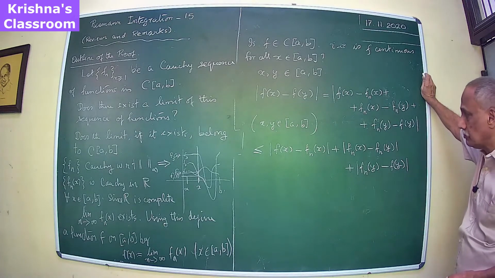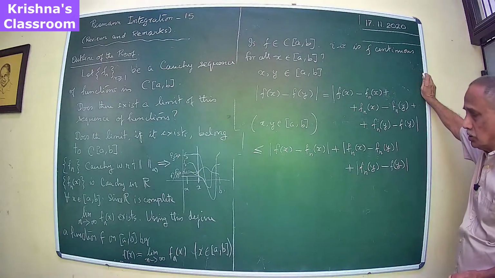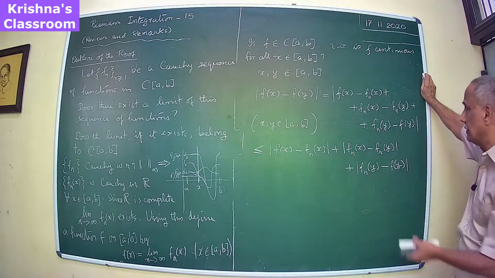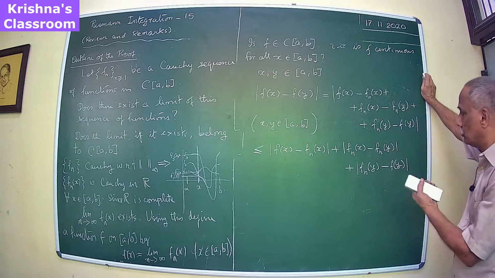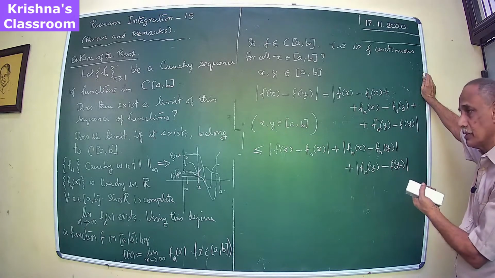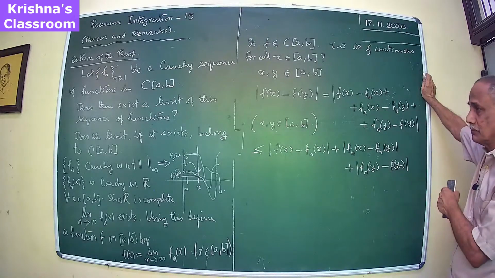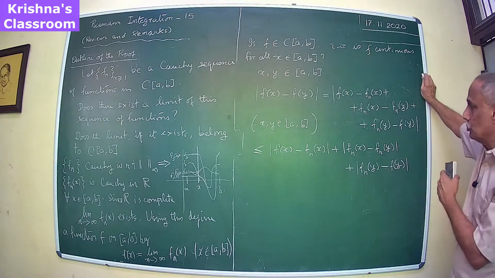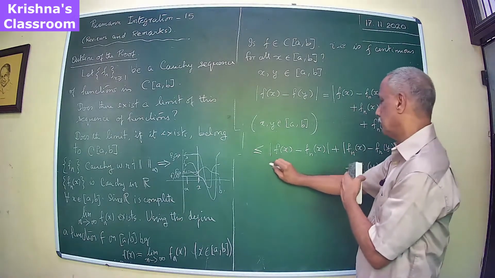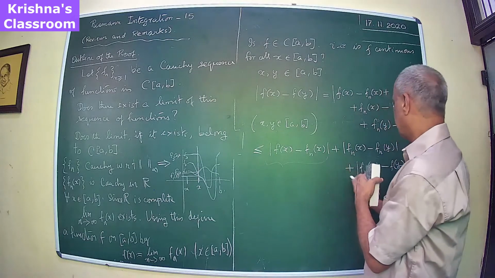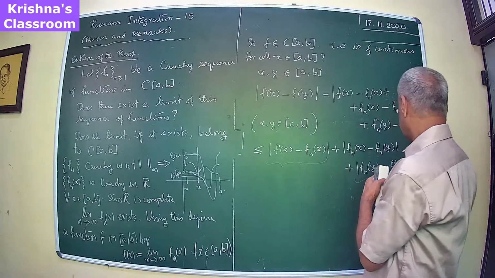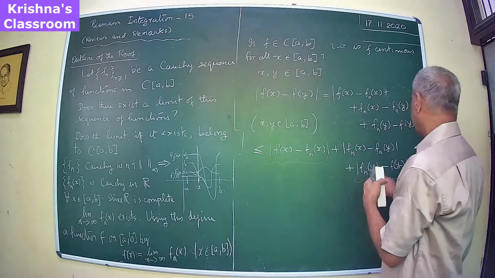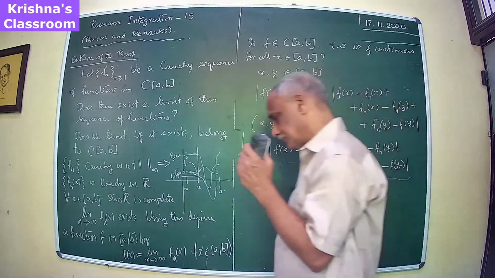Okay. So you use now convergence to show that this can be arbitrarily small by choosing x and y close enough so that it is continuous. And what you do is you use convergence here as well as convergence here, because you know that fnx converges to fx, fny converges to fy.